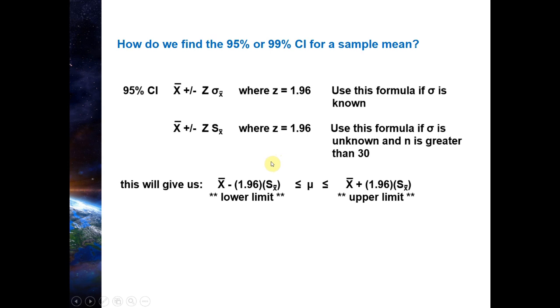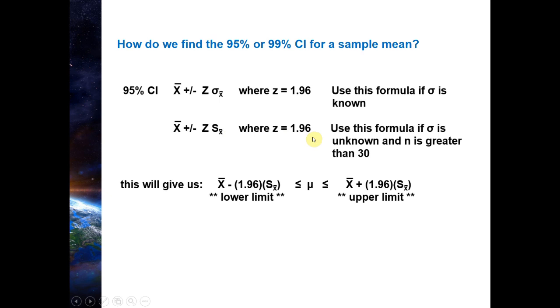So 95% of all the Z-scores in the universe and beyond, past, present, future, fall somewhere between plus and minus 1.96. All right? So when we want to find the 95% confidence interval, the mean is going to be smack dab in the middle, and then we want 95% of all the Z-scores around it. That's going to give us the best chance of capturing mu. So we want the middle 95% of the distribution, so we're going to use a Z-score equal to 1.96.